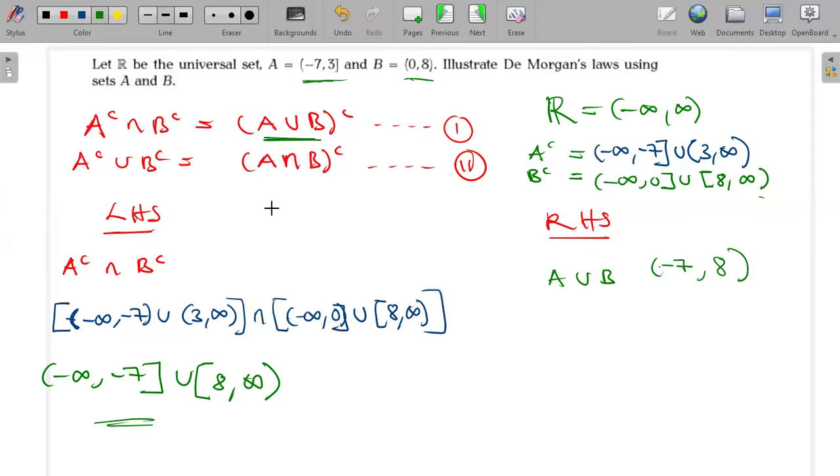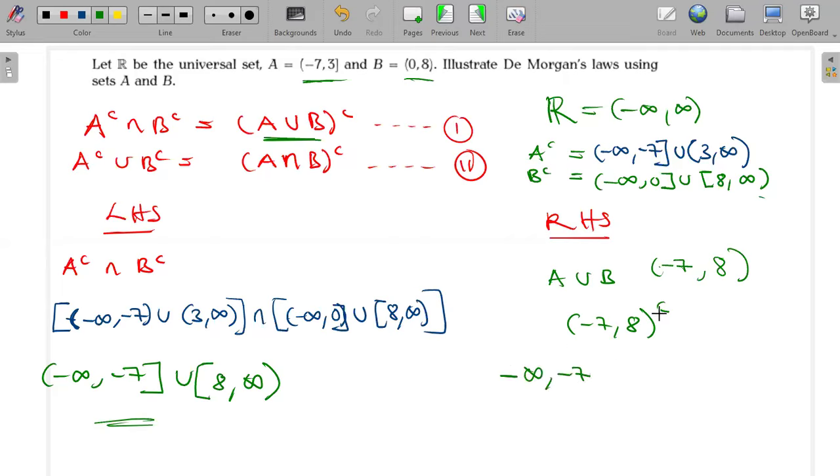So now A union B is giving us that. What do we want? We want the complement because it's A union B complement. The complement of this is everything outside here, but in the universal set. If you draw your number line, it will be from negative infinity to negative 7.